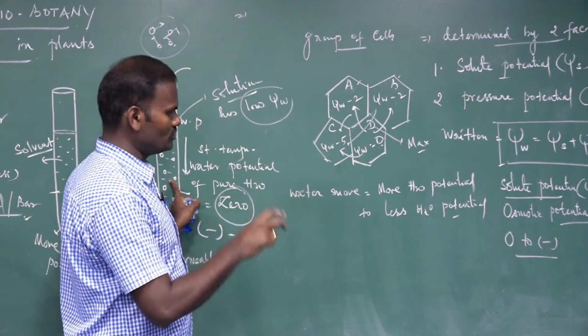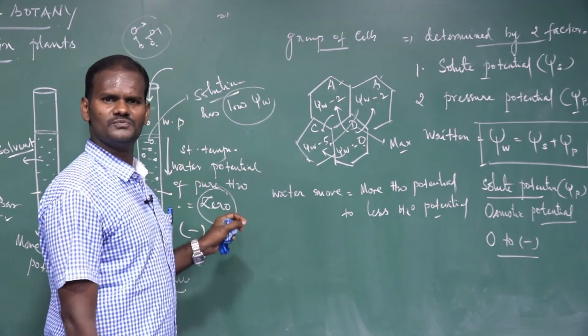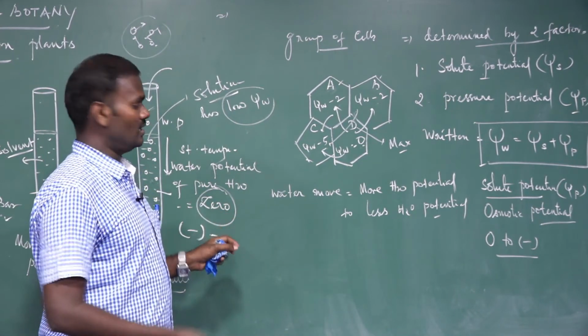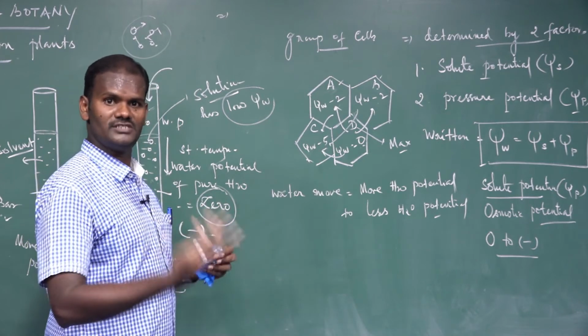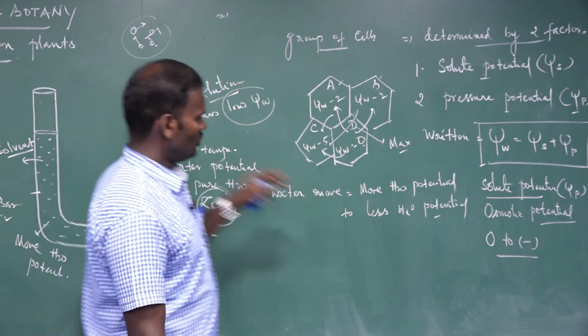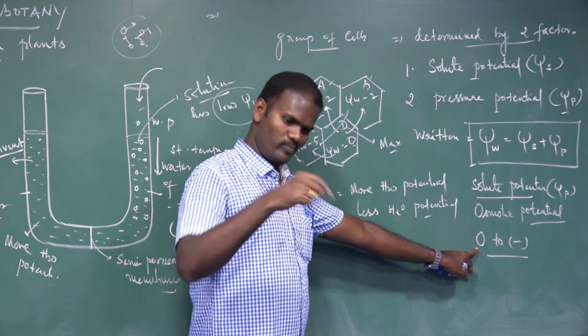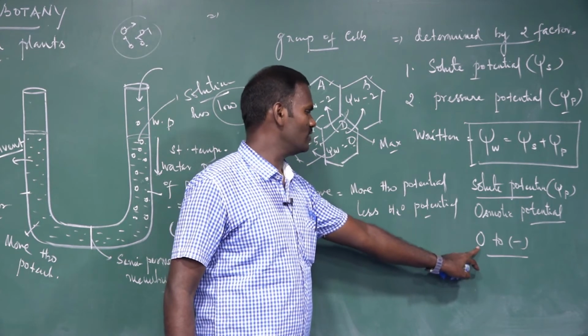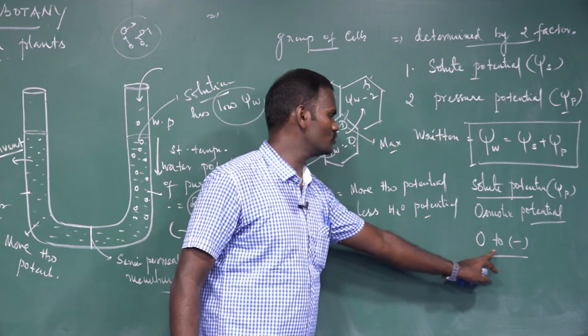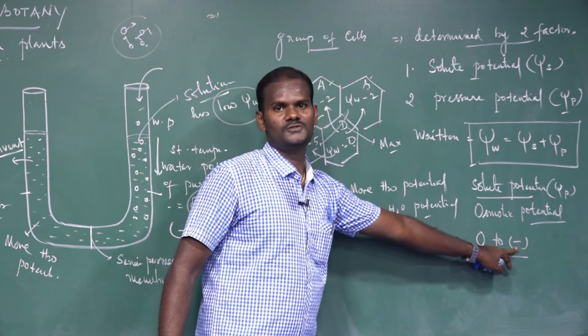Solute potential, or a solution, always has a negative value. The maximum value is 0. If you add any solute particles to pure solvent or water, the value of water potential becomes 0 to negative values.